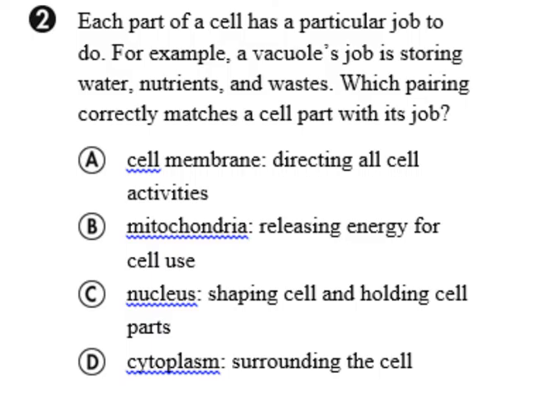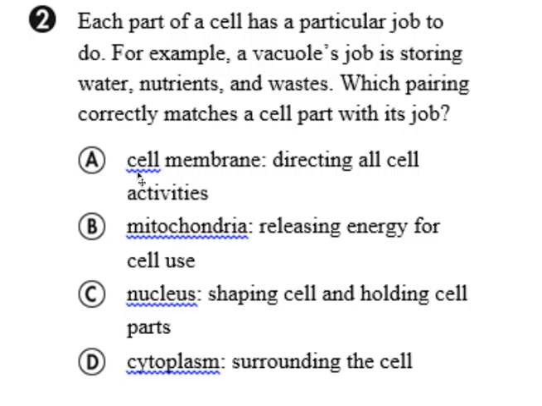Question 2. Each part of the cell has a particular job to do. For example, the vacuole's job is storing water, nutrients, and waste. Which pairing correctly matches a cell's part with its job?